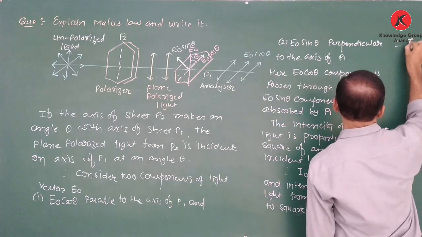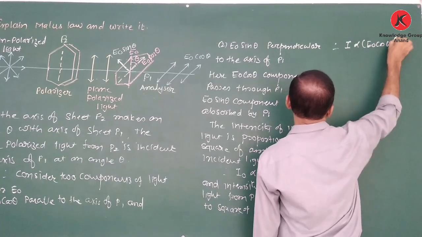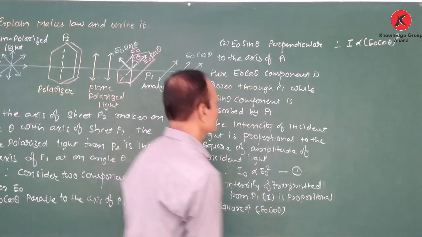Therefore, I is proportional to E0 cos theta whole square. That is equation number 2.